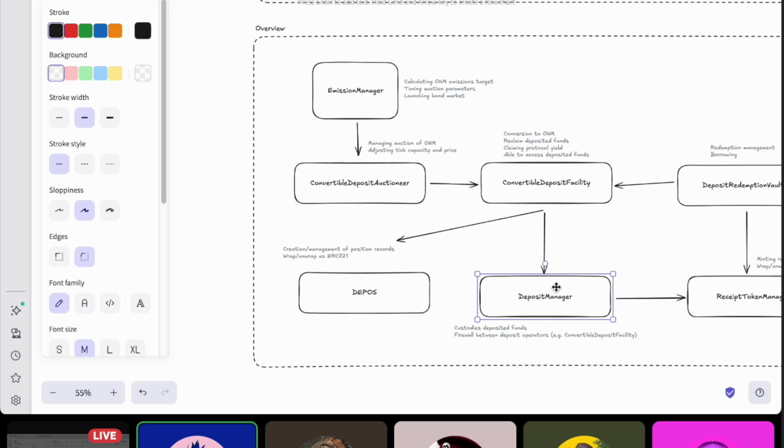So when a bid happens, it gets pulled in by the deposit manager, and the deposit manager will then stake that USDS into sUSDS. And then the balance of it is retained by the deposit manager. So there is yield being earned on that USDS while it is sitting there. I hope that answers the question.